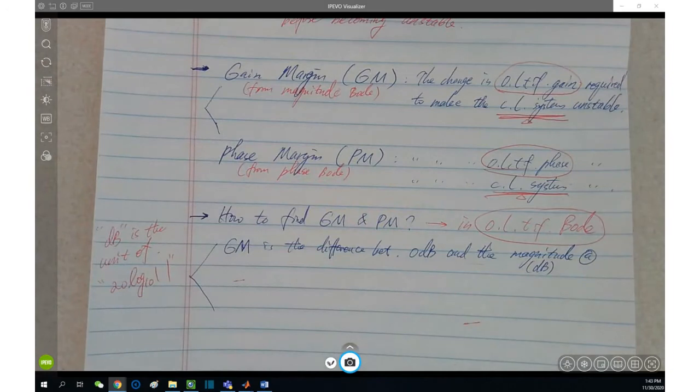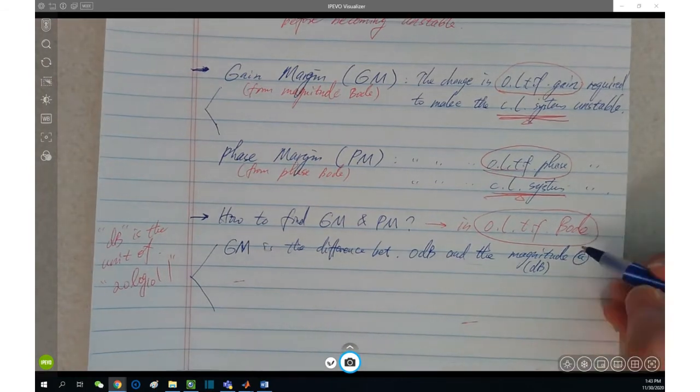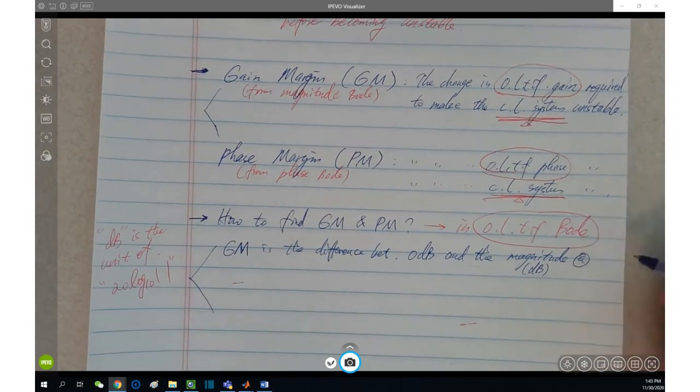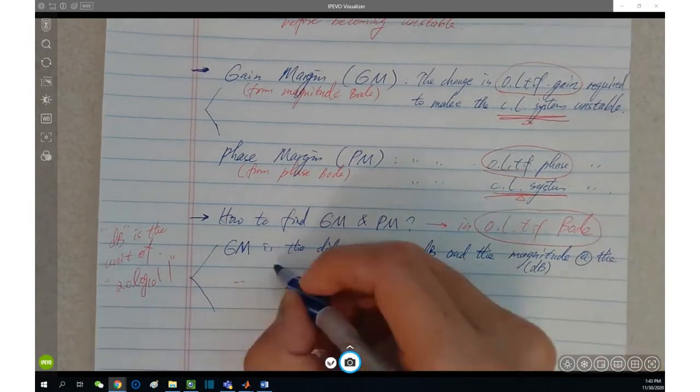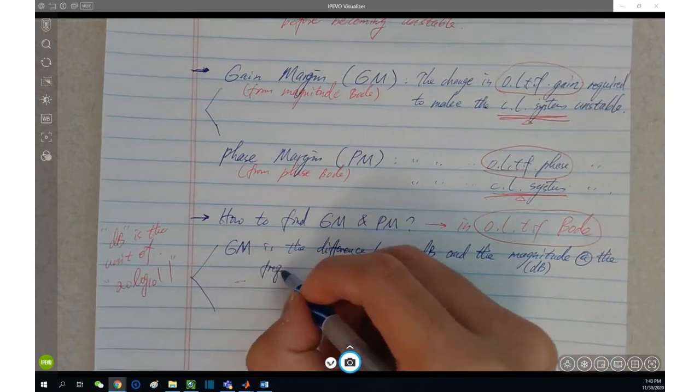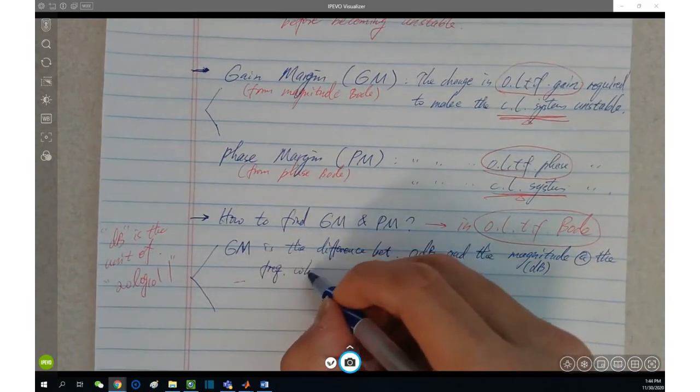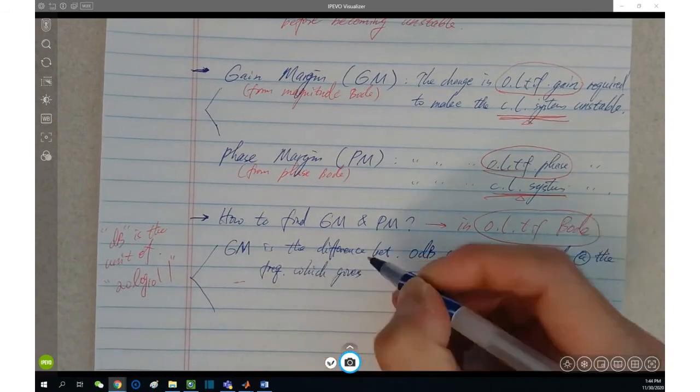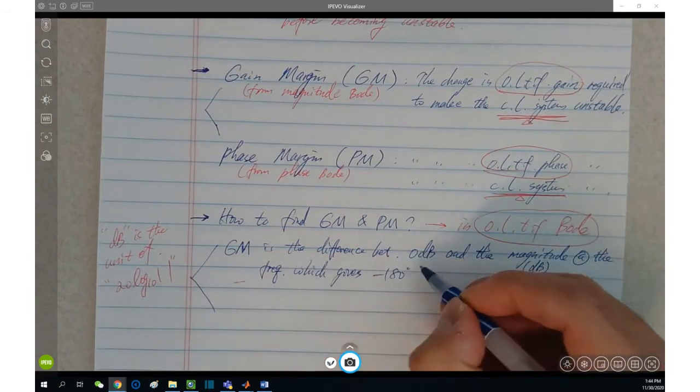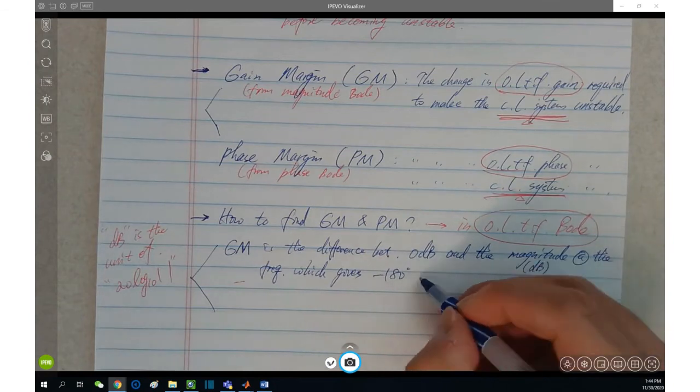Remember, in the Bode plot you're using 20 log 10, right? You're not directly using the magnitude. You're using 20 log 10 of that magnitude. The dB is just the unit for it. So GM is the difference between 0 dB and the magnitude at the frequency which gives 180-degree phase.